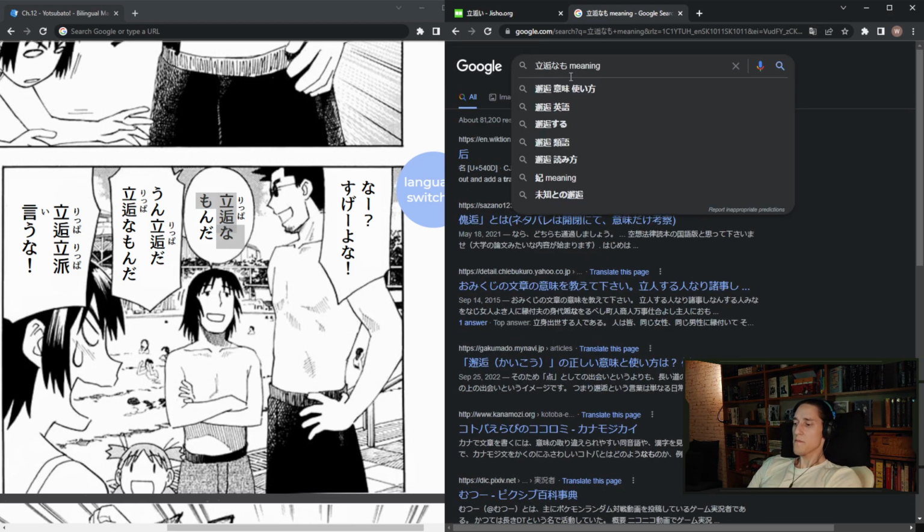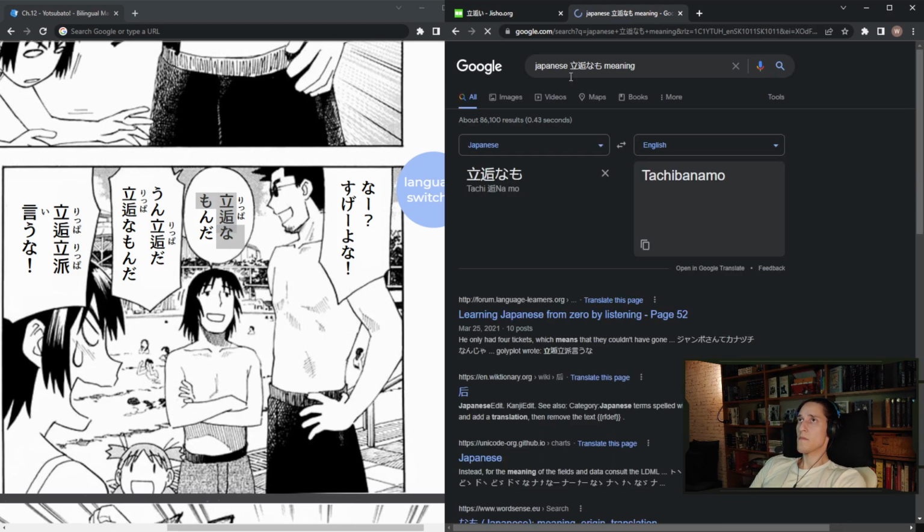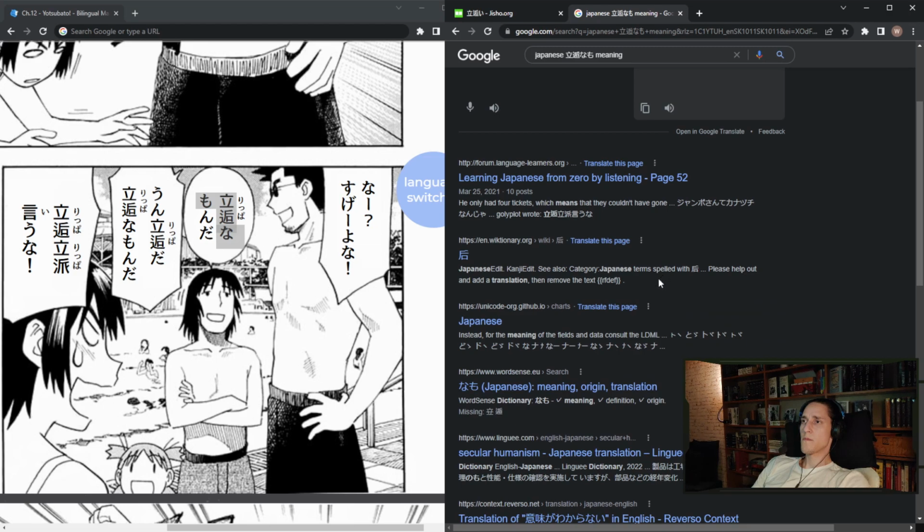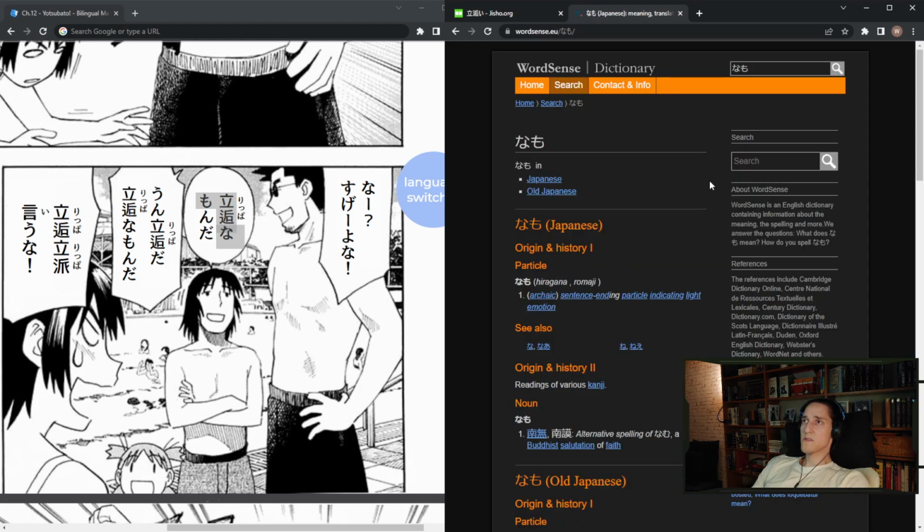Okay, I guess let's go for the namo. So is it just a particle?